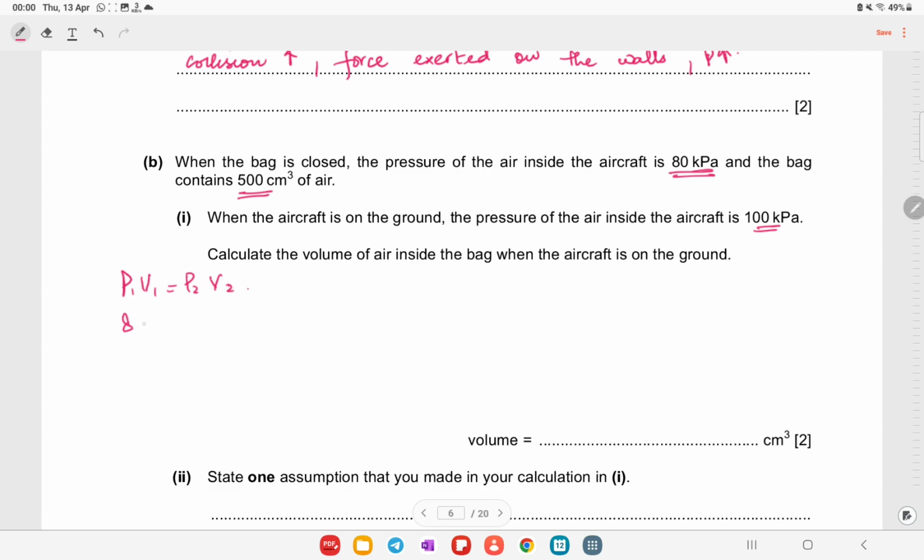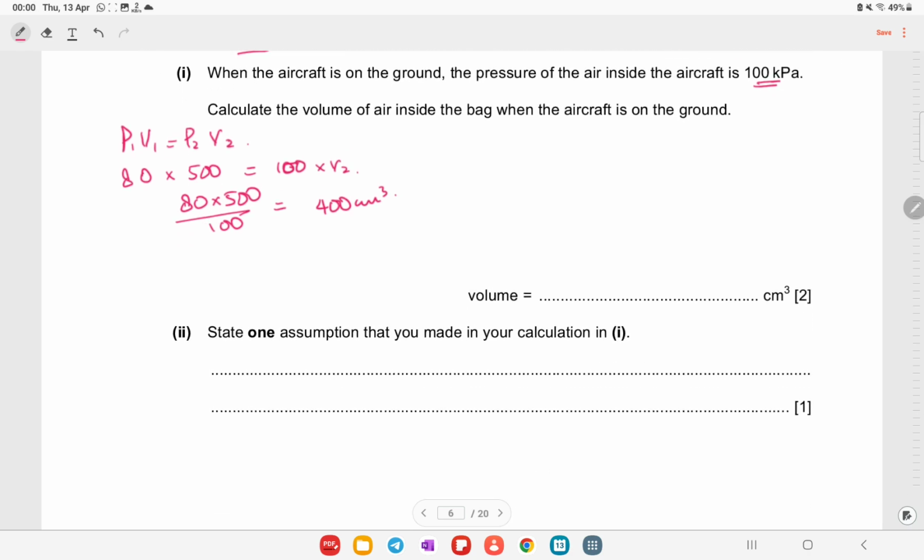It's going to be 80 times 500 equals 100 times V2. I'm not using k because it's going to cancel out. So this is 80 times 500 divided by 100, which is 400 centimeter cube.